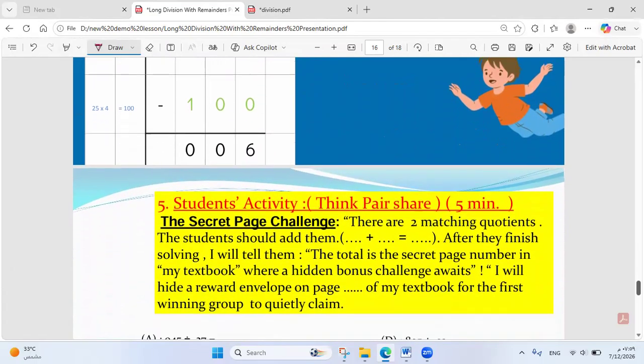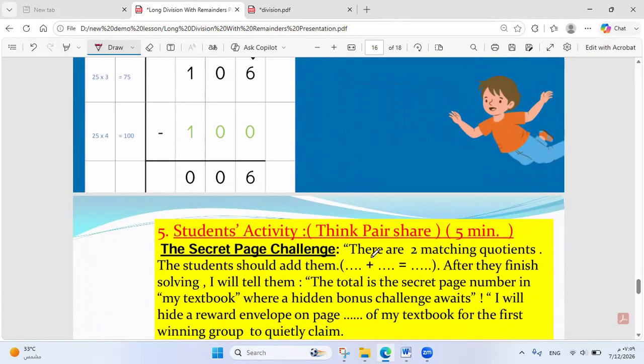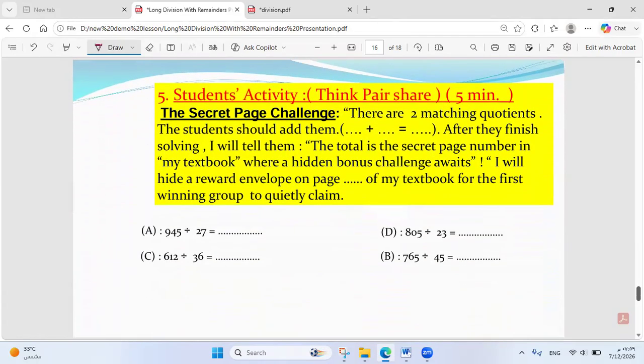We have an activity here for you. We have 4 questions. You can see them. Two of them have the same quotient. You should solve all of them. After you finish them, take the different quotients and add them. After you finish, I will tell you what to do.